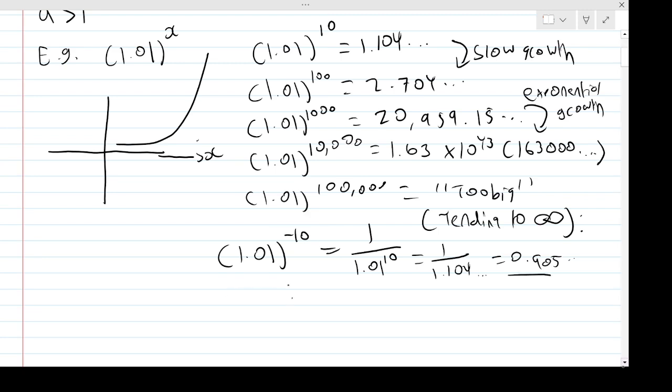What about if eventually we did 1.01 to the power of negative 10,000? Would that be, again, the reciprocal, 1 over 1.01 to the positive 10,000? Remember your power laws. If we did that, we get the other way.